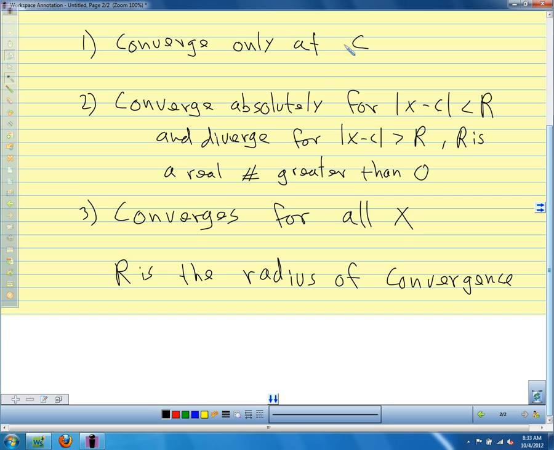And if it converges for all x, we say the radius of convergence is infinite. The second condition gives us an interval in which our power series converges. So that set is called the interval of convergence.